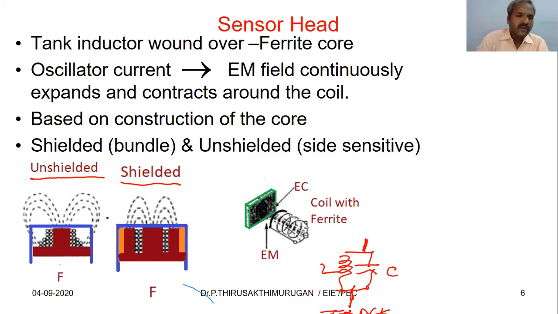What happens here is eddy current. The coil generates eddy current. This is the sensing coil, a coil with a ferrite magnetic core.